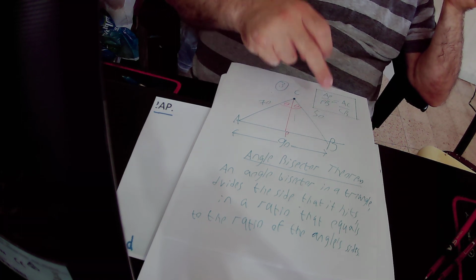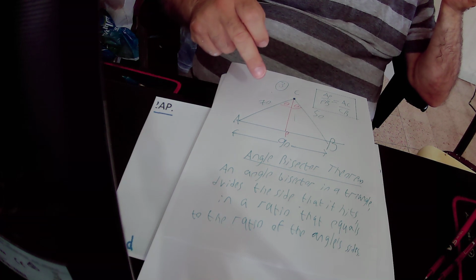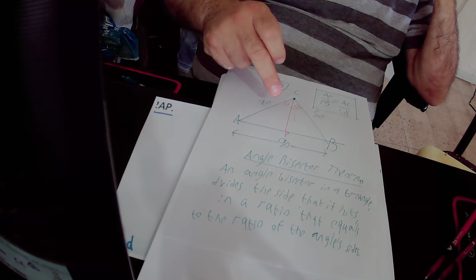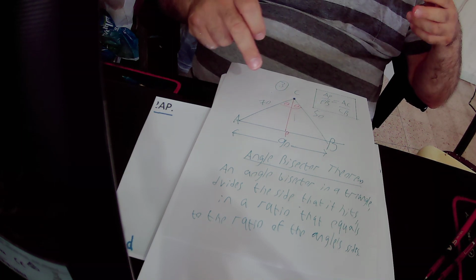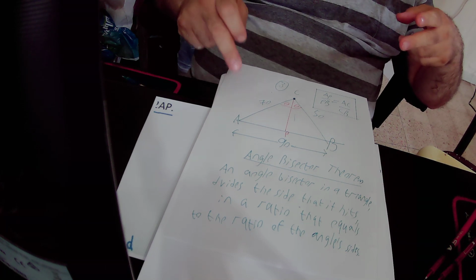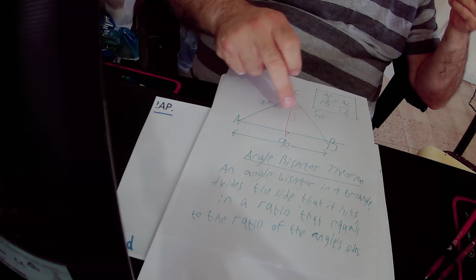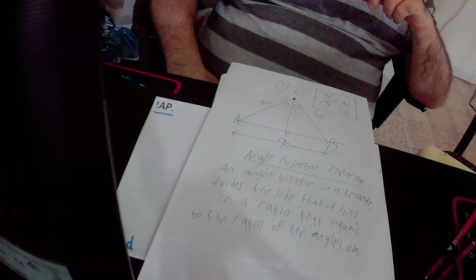So this ratio equals the ratio in which CP divides side AB, that is to say AP over PB. Okay?